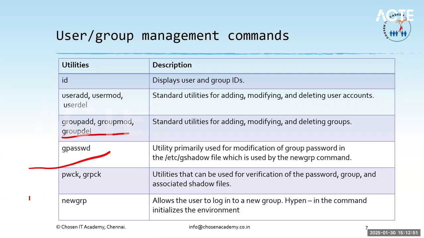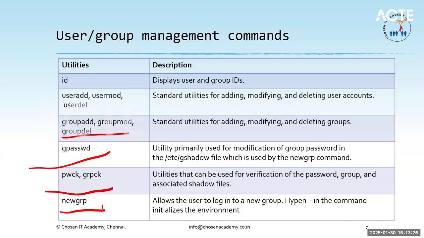And pwck and grpck are commands which we can use for verifying the password, group and shadow files. And newgrp is a command with which we can change the group of the logged in user whenever we want to. For example, if I am logged in as Alex, by default I will be part of the Alex primary group, and if I want to get into some other group, I can use this command newgrp and give the name of the other group so that I'll be getting into the new group.